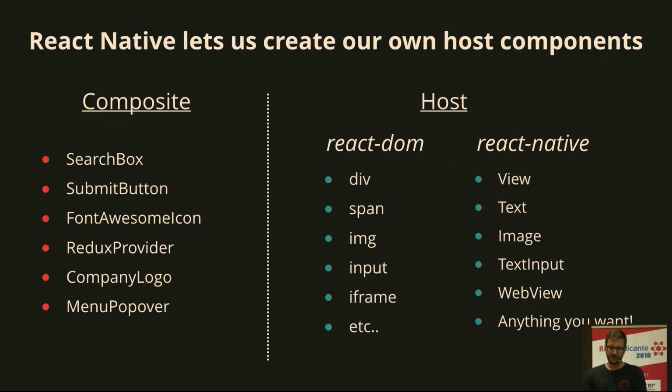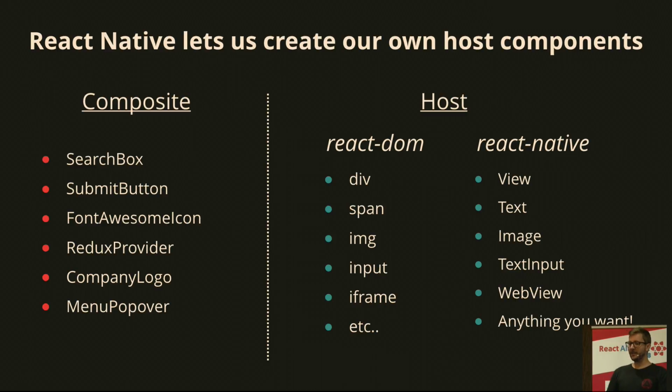One thing that's a little bit different with React Native is you're able to create your own host components. A composite component is anything that you define in user space on the web with React. And every composite component will eventually return nothing, you can return null from it, or a fragment, I suppose, or it'll return a host component.